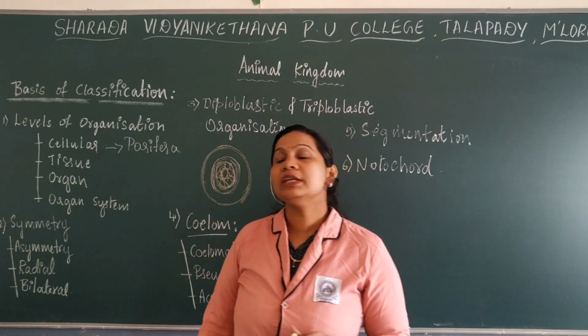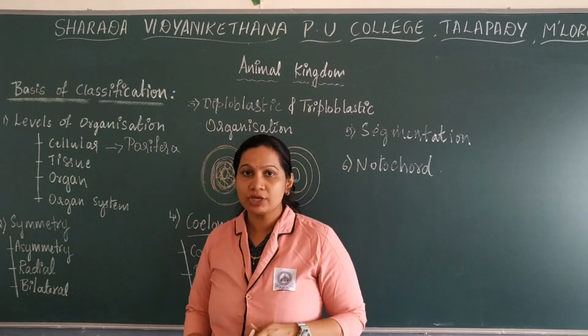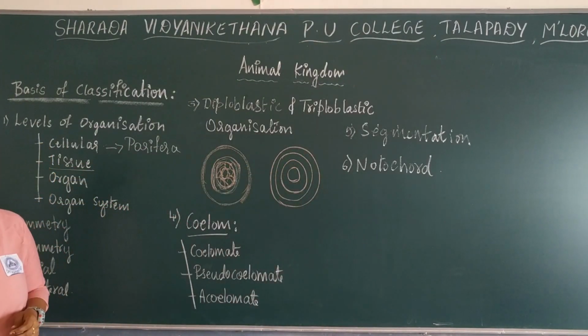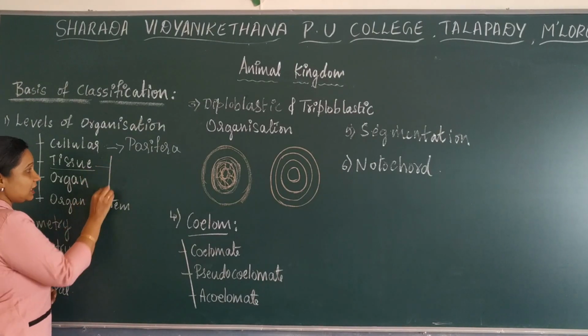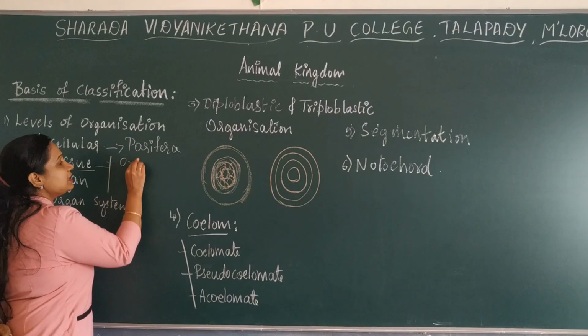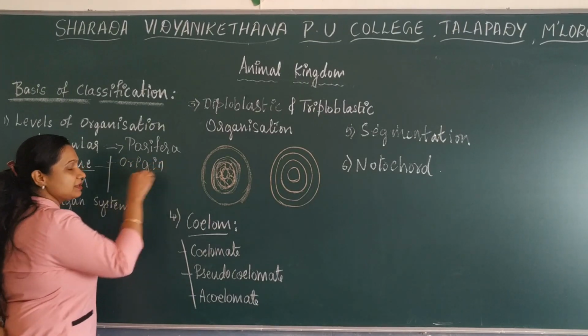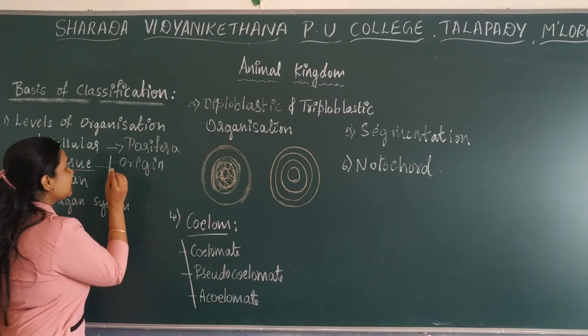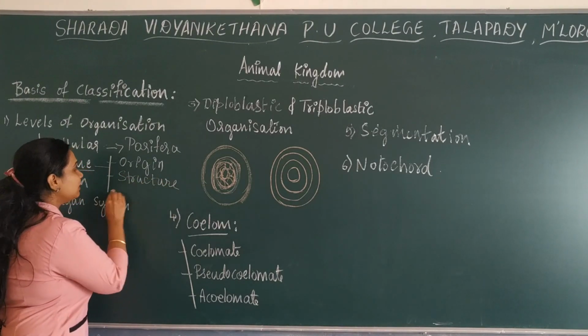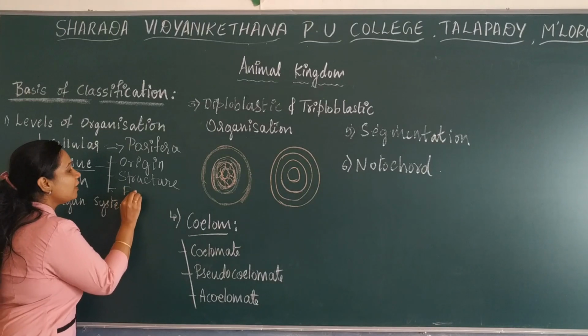Next is the tissue level of organization. What do you mean by a tissue? Tissue is nothing but a group of cells having a similar origin. They have a similar origin as well as similar structure, and they perform the same function.